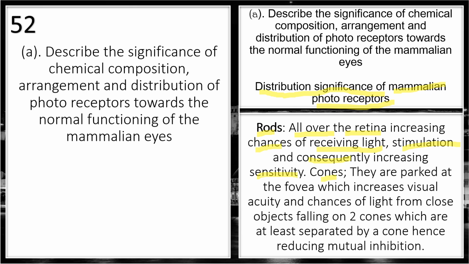Cones are packed at the fovea, which increases visual acuity and chances of light from a close object falling on two cones which are separated by at least one cone, hence reducing mutual inhibition.